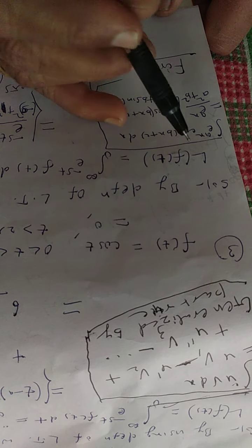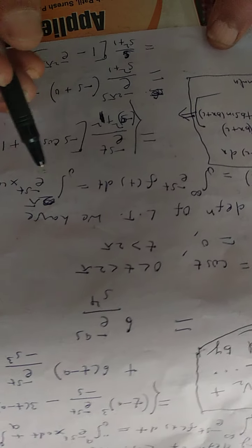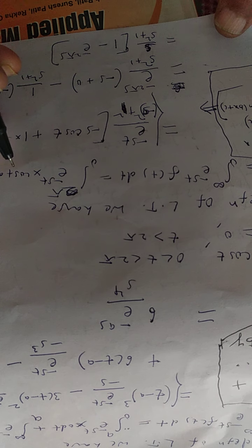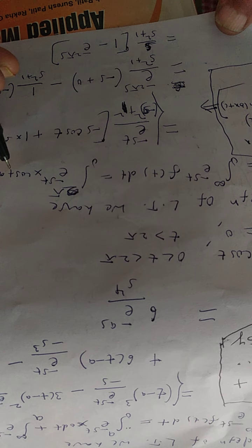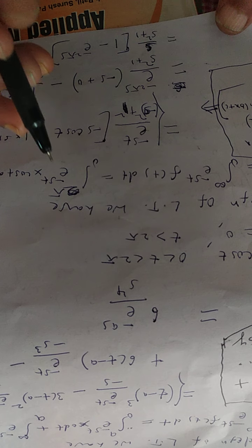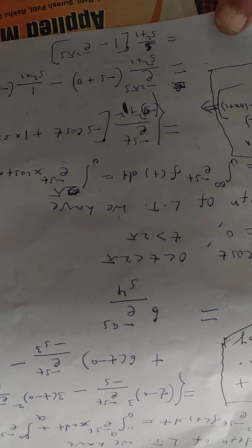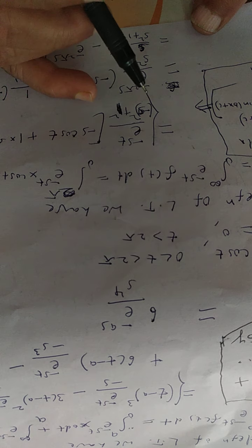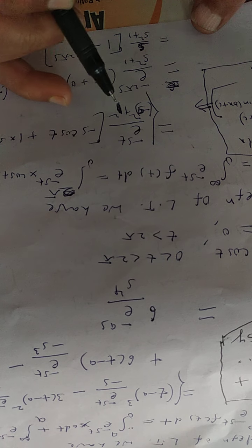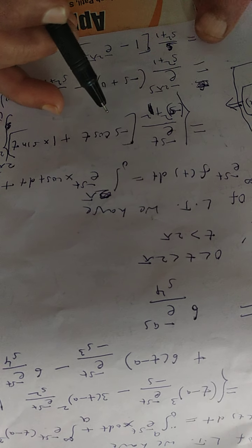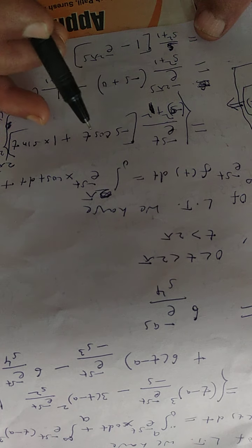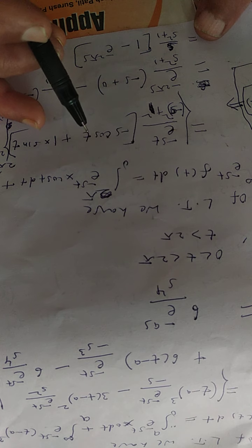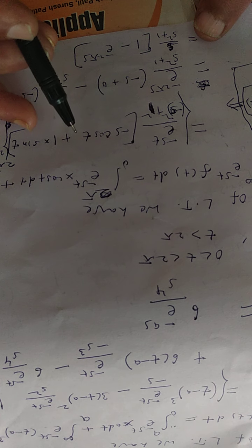So if you compare this with e raised to minus st into cos t, your a is minus s, b is 1, c is 0. Using the same formula, we get e raised to minus st divided by (minus s) square plus 1 square, into bracket a cos(bx plus c), a is minus s, cos of 1 t plus 0.